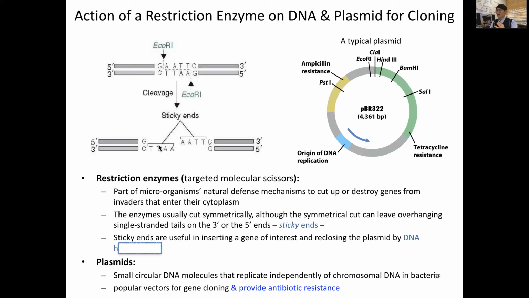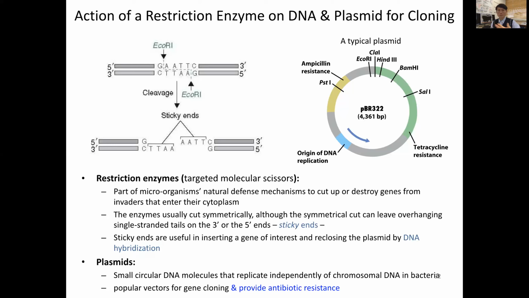And this has a specific sequence which can attach specifically to a complementary sequence. So we call it a sticky end. And these sticky ends are useful in inserting a gene of interest and reclosing the plasmid.